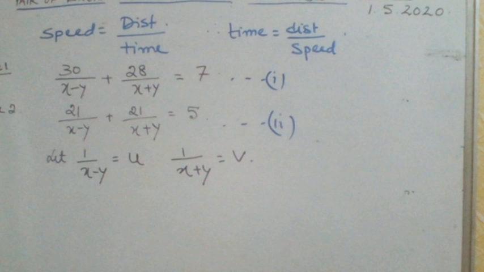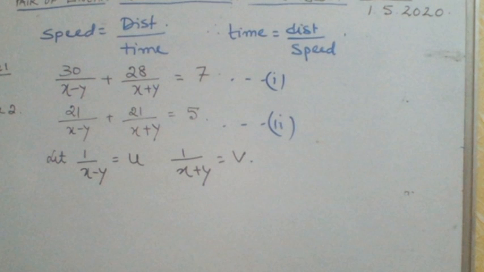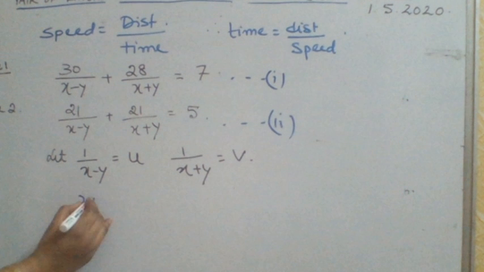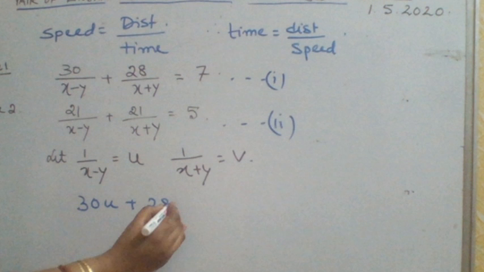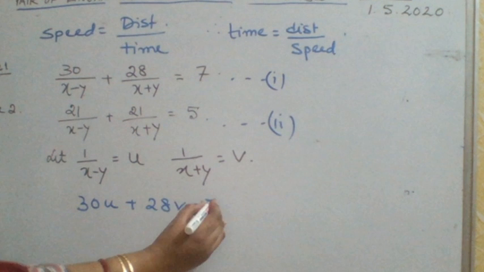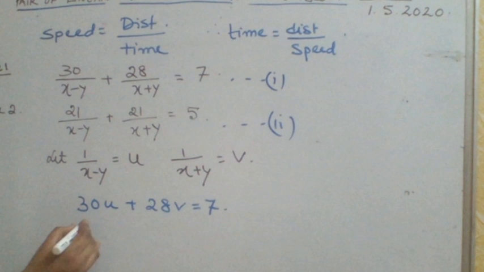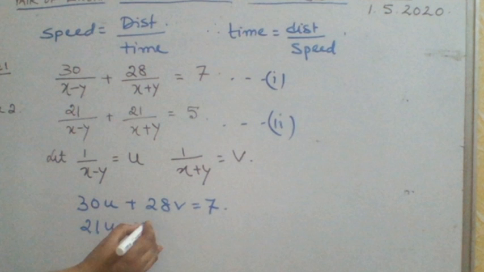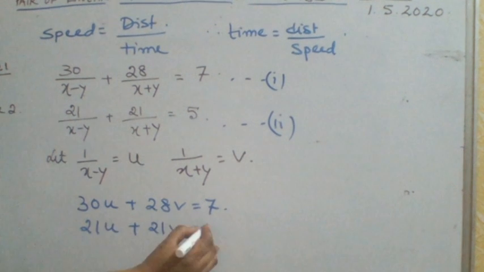If you substitute like this, you will get 30 into 1 upon x minus y, so this is 30u plus 28v equal to 7. And in this one, 21u plus 21v is equal to 5.